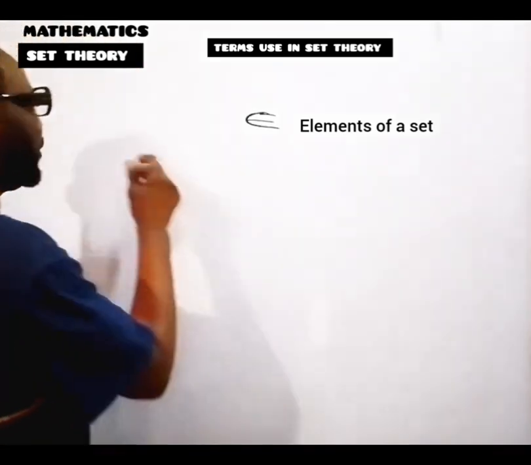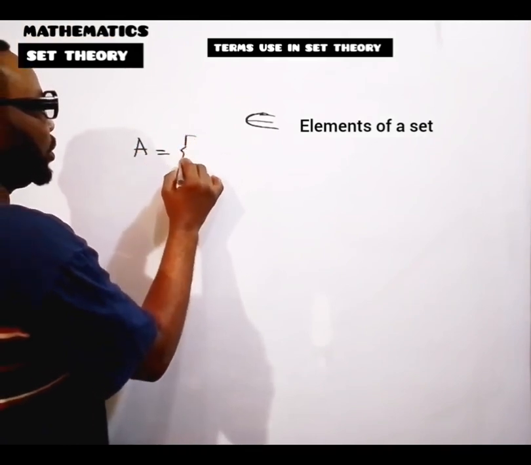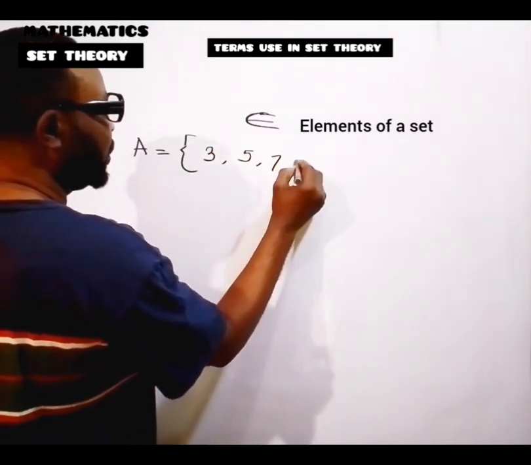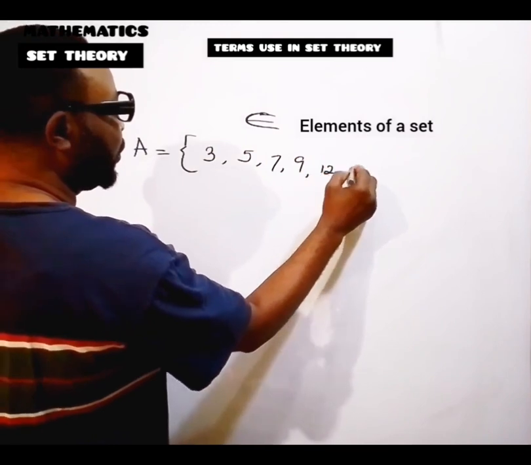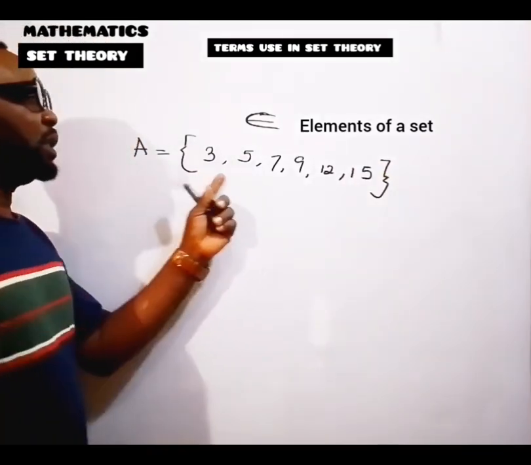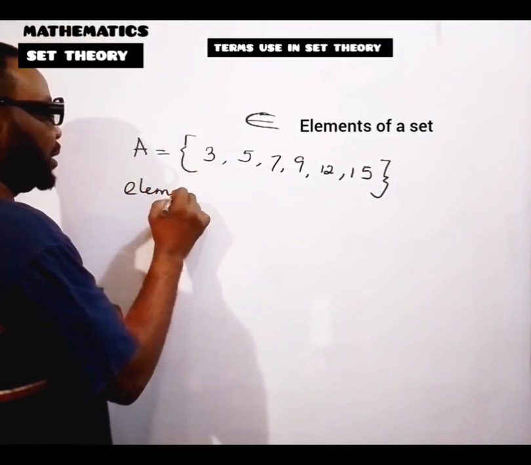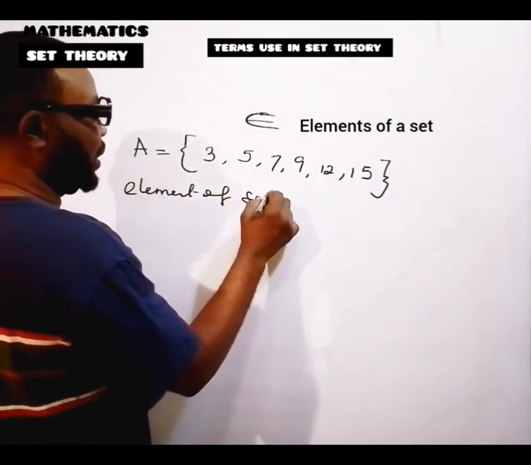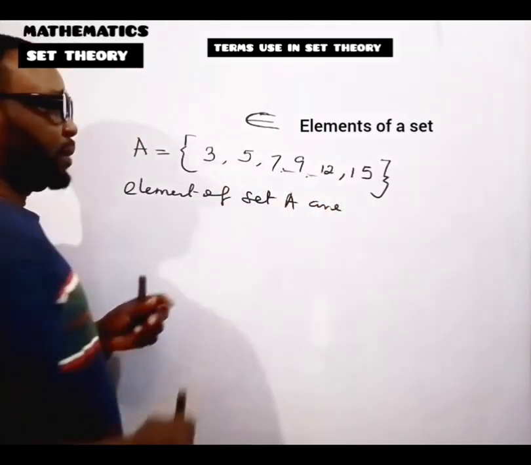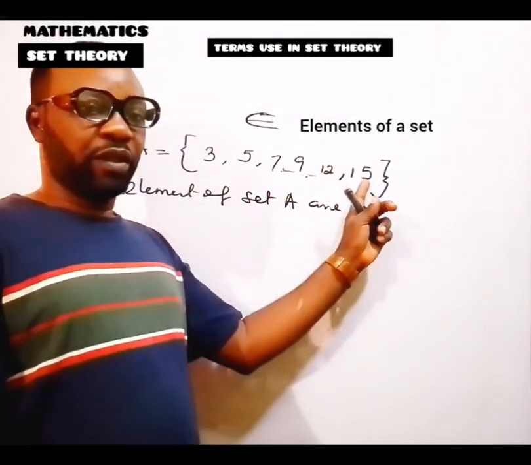Now, for instance, if you have A equal to 3, 5, 7, 9, 12, 15. These are the elements. I can now say that the elements of set A are all these here: 3, 5, 7, 9, 12, 15.